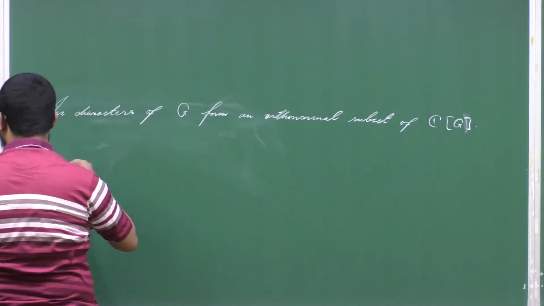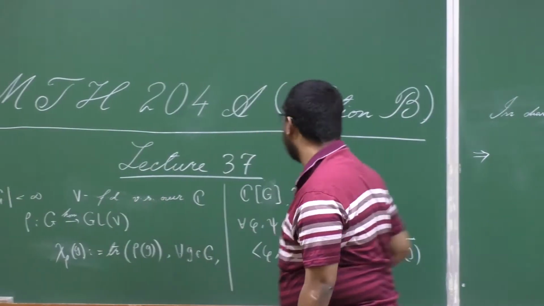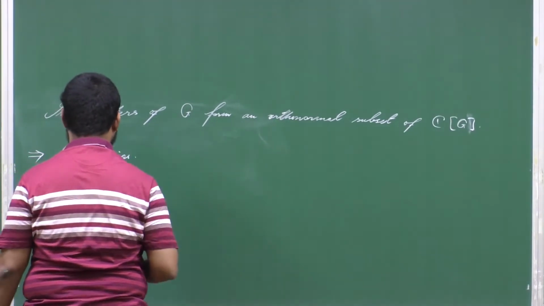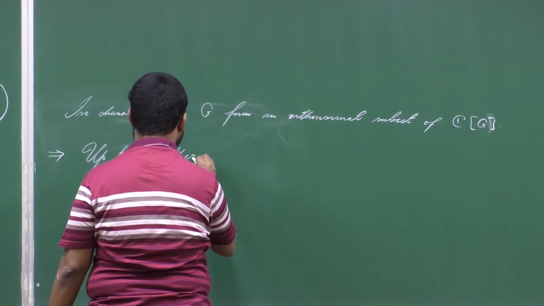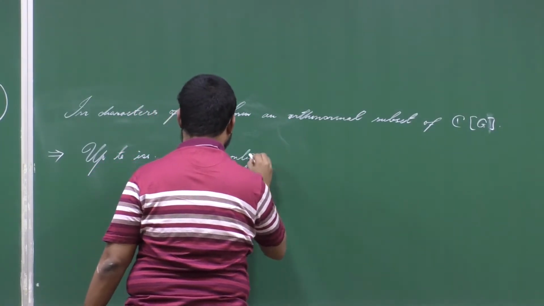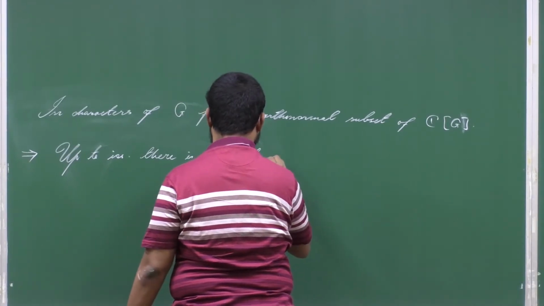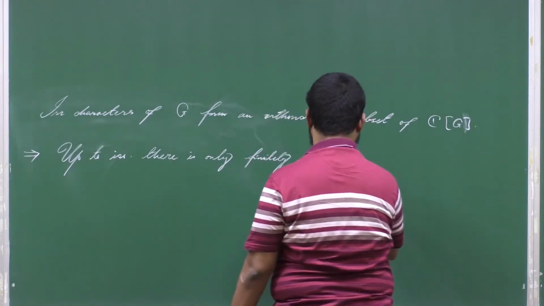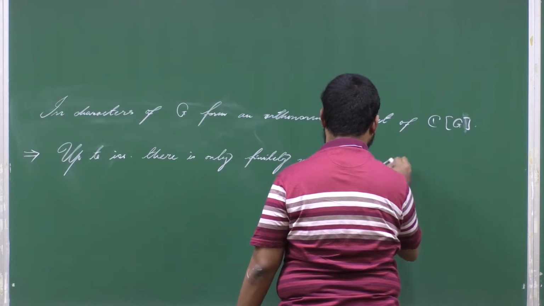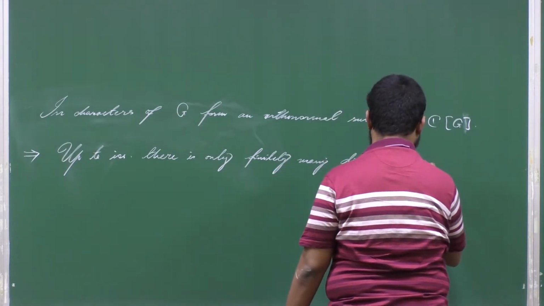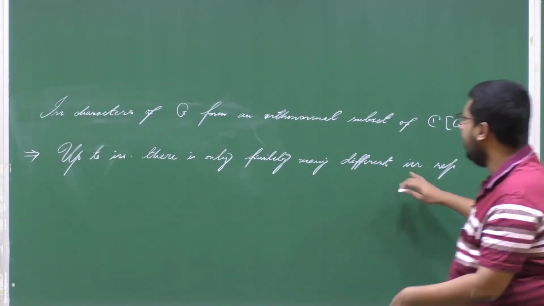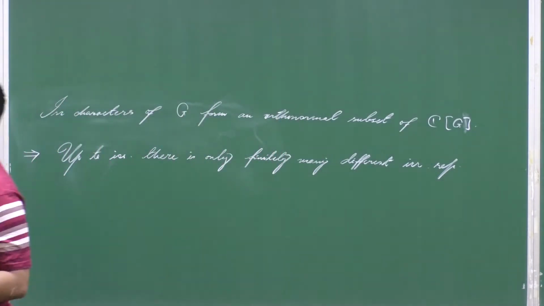So from here it follows that, given a finite group G, up to isomorphism there are finitely many different irreducible representations, because corresponding to each such representation, if we take its character, then the set of such characters will form an orthonormal system.